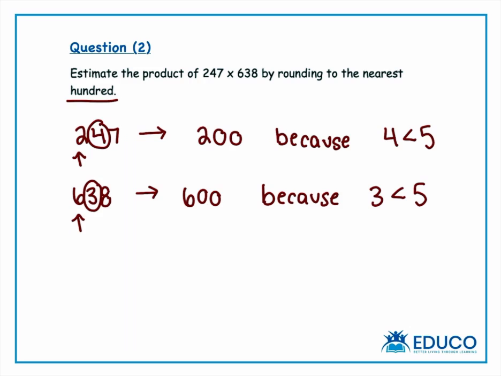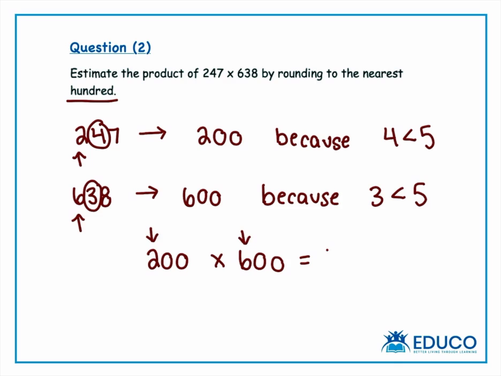So now instead of having these really big, complicated numbers, now we're left with 200 times 600. Now you may be thinking to yourself, well, those are still some pretty big numbers, but I have a trick that can help you. So in order to solve this, I'm going to look at my first 2 digits only. 2 times 6. That's an easy one.